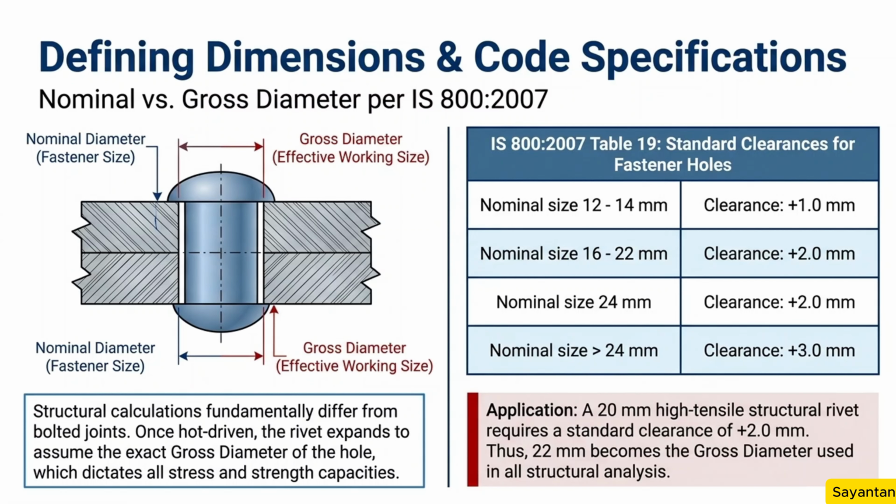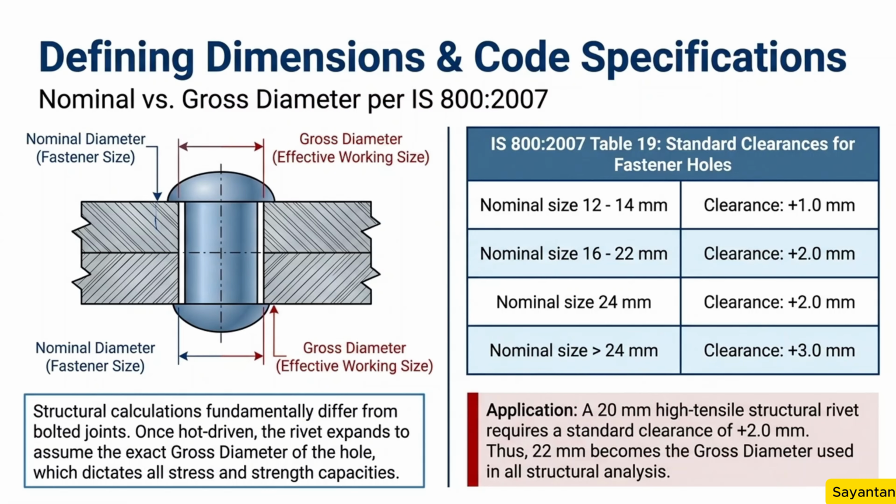To perform accurate structural design per IS 800-2007, a clear distinction must be made between the nominal fastener size and the gross effective working diameter.